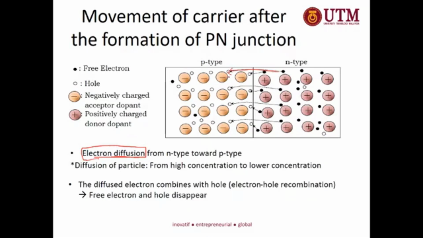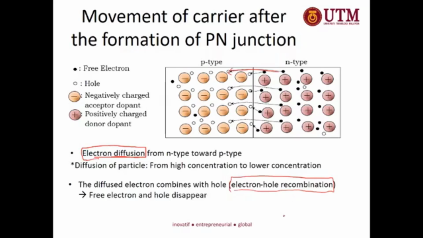When the electron arrives at the p-type, what happens? It will meet a hole. When there is an electron and a hole, there will be a process we call electron-hole recombination.